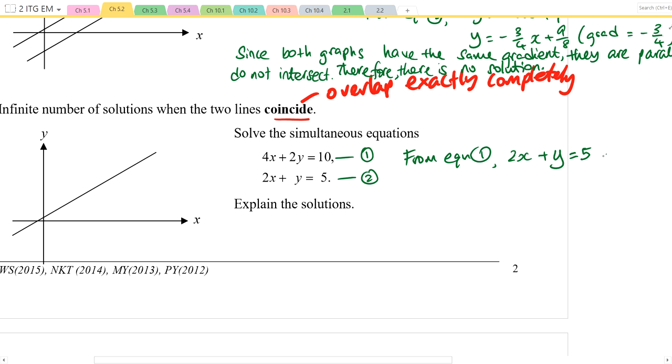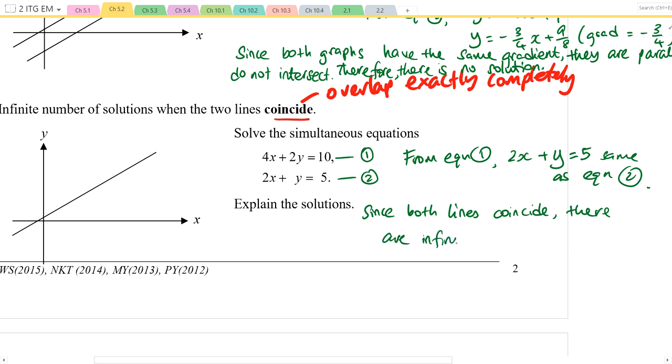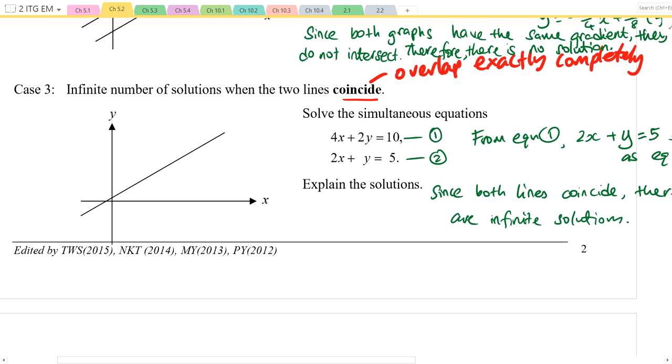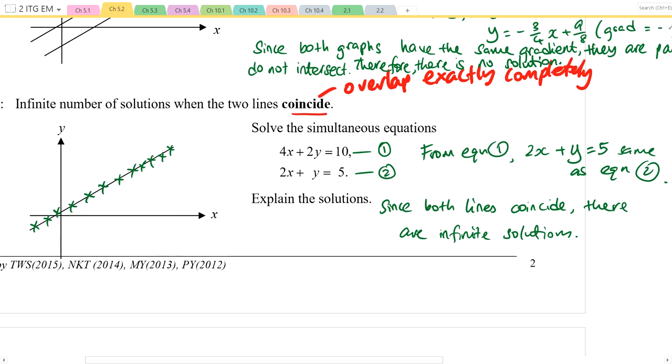So this is the same as equation 2. Since both lines coincide, there are infinite solutions. Why infinite? Because this is a solution, this is also a solution, this is a solution. All these are solutions that exist on both graphs at the same time.